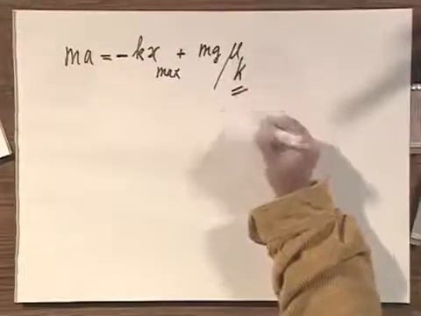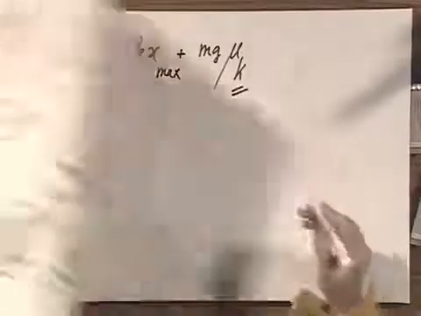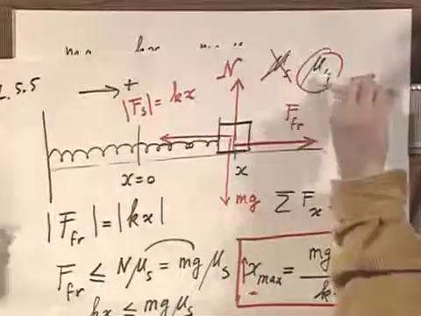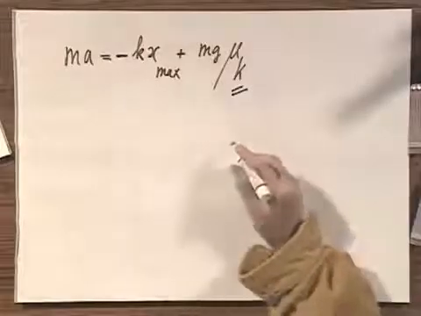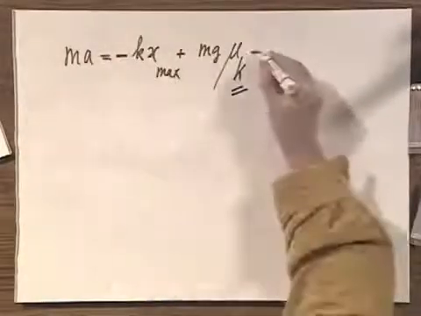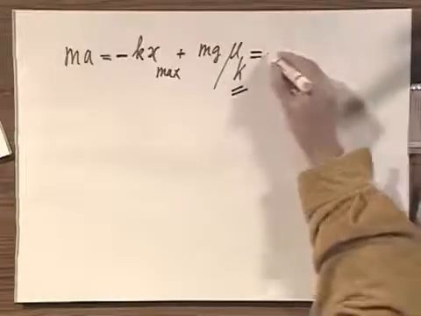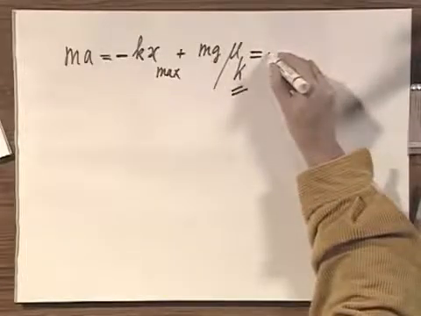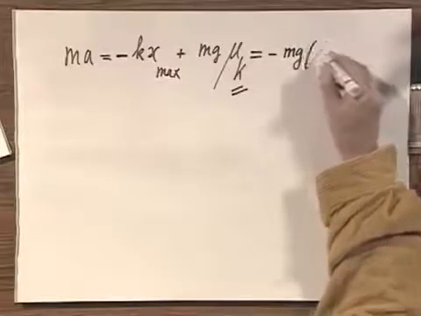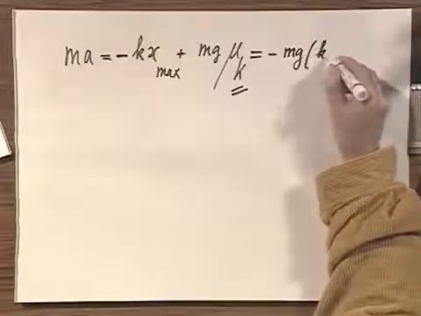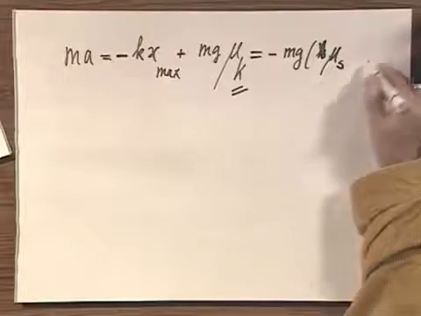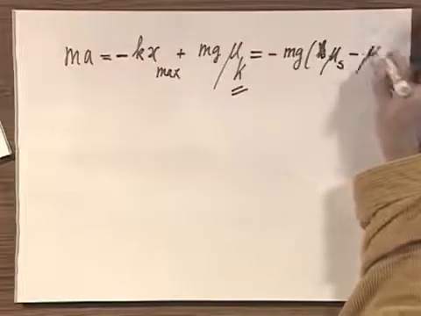Notice there is now a kinetic friction coefficient because the friction in this direction is reduced because I break loose the contact. And so this is the equation of motion, and that also equals minus mg times k times mu s minus mu k.